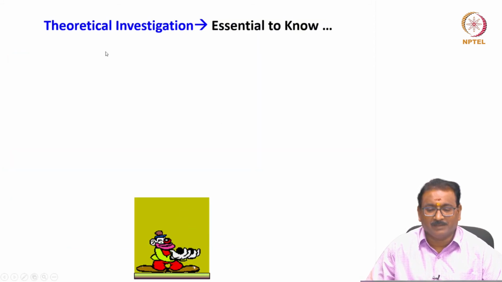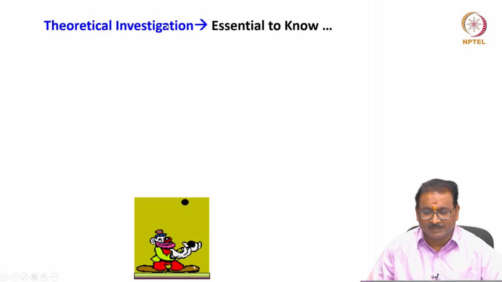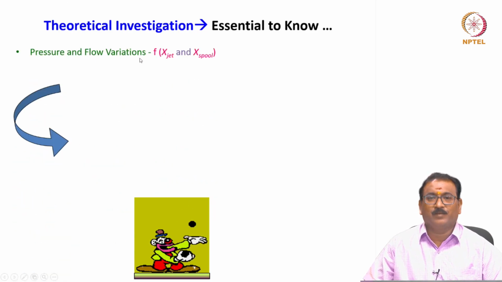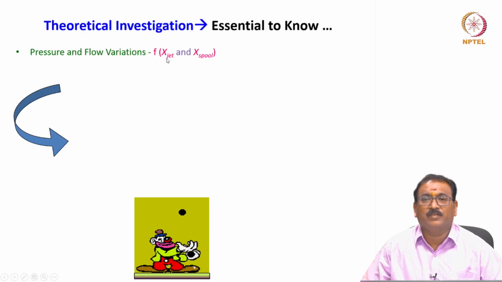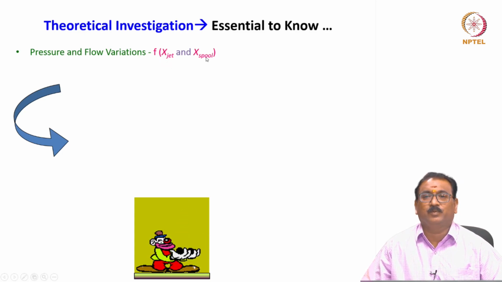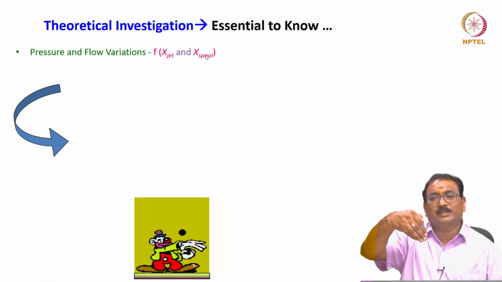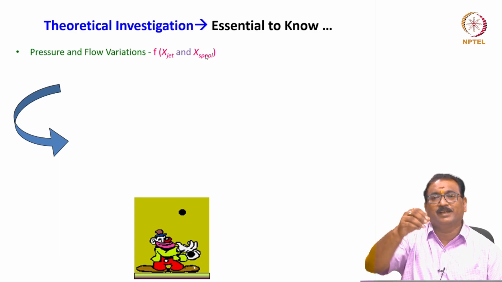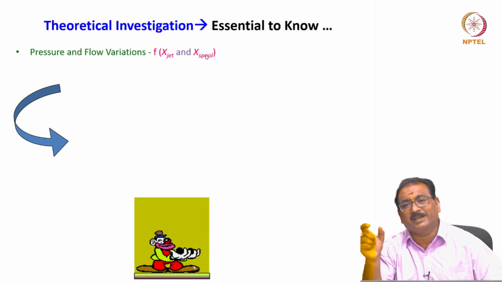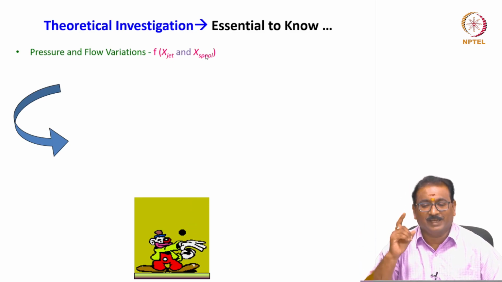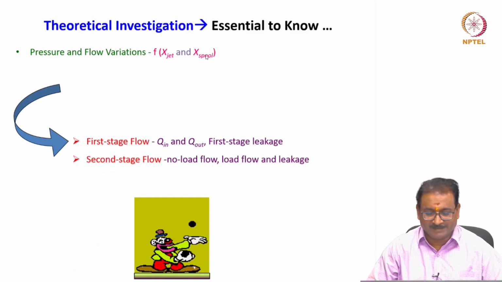Now, we will see the theoretical investigation is essential to know the pressure and flow variation, which is a function of jet and spool. When the jet pipe starts rotating over the receiver, pressure variation and flow variation take place. Then as the spool moves, again flow variation and pressure variation take place. These are very important, you must know this.